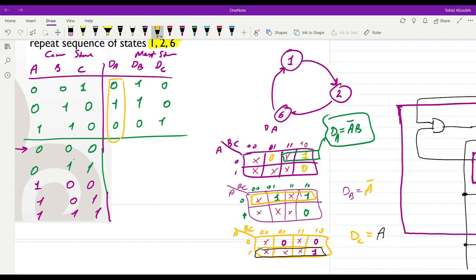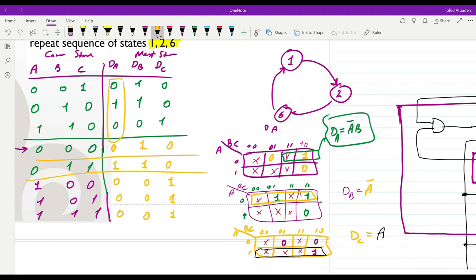So DA is not A and B, which will be equal to 0. DB is not A, so we'll have 1 here and then 0 here. Then for the next state, 0, 1, 1, we have not A and B equal to 1, not A will be 1, and A will be 0. So similarly, we will have A here, and not A for B, and we have not A and B, which will result in 0, 0, 0.